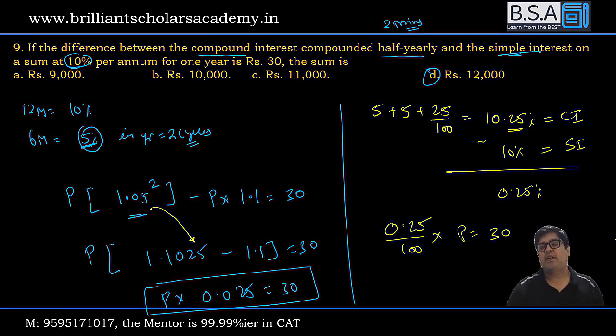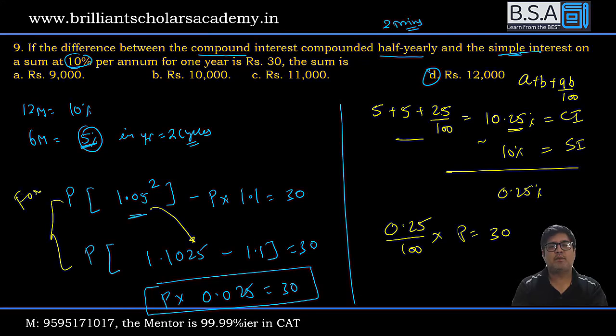0.25 upon 100 into P is equal to 30 rupees, P is 12,000. Right hand side is successive percentage change. Left hand side is the formula approach. What formula? Formula of this one: P into (1 plus R upon 100) to the power n is the amount.